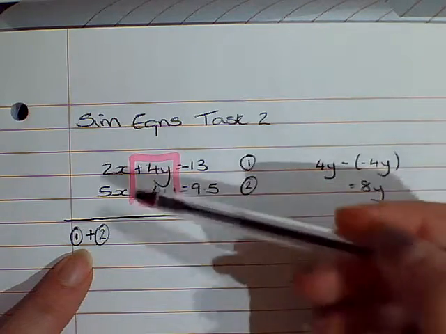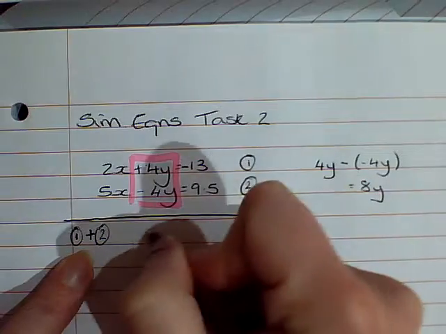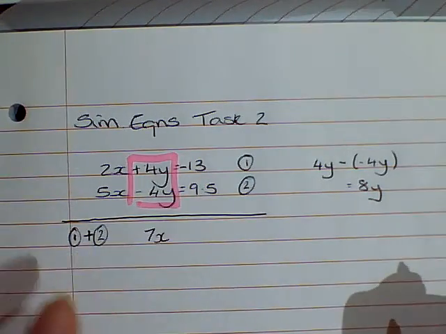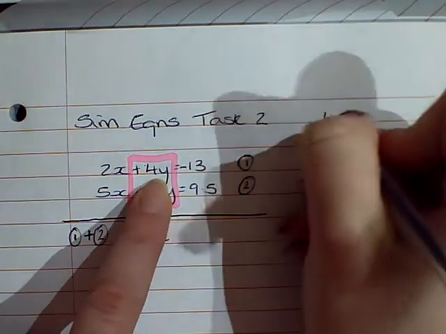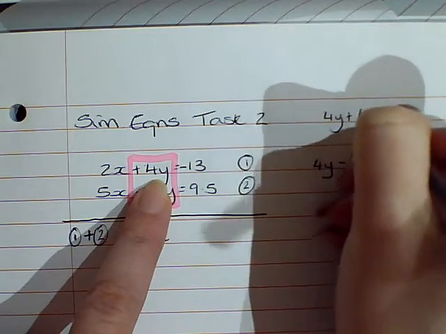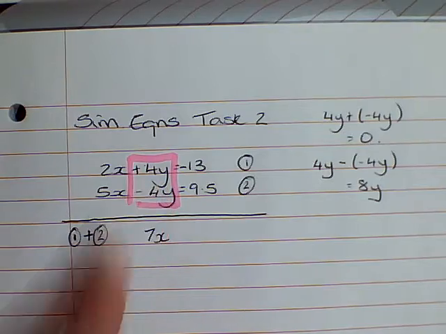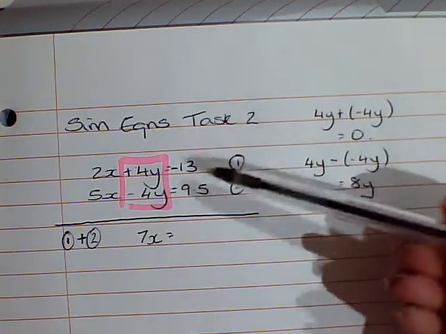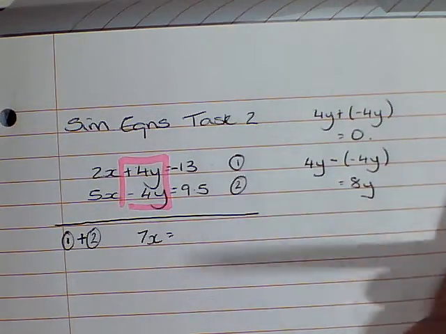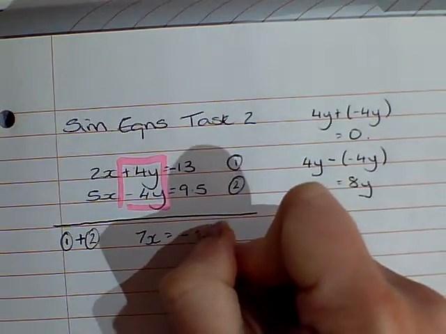So let's add them. 2x add 5x is 7x. 4y, and just to prove to you, add negative 4y is in fact 0. And that equals negative 13 add 9.5, negative 3.5.